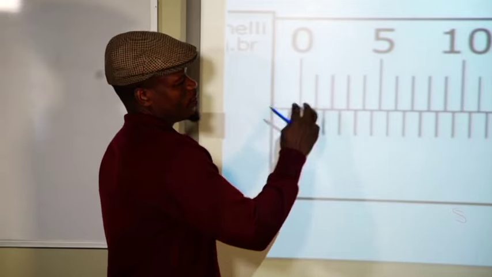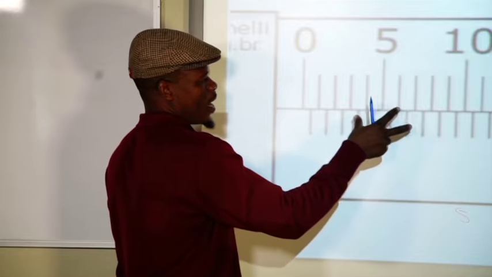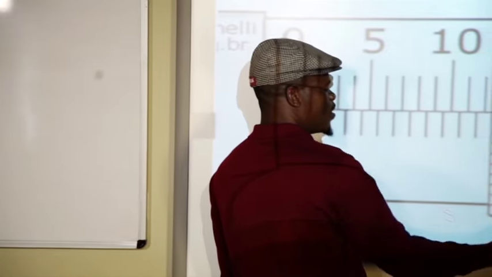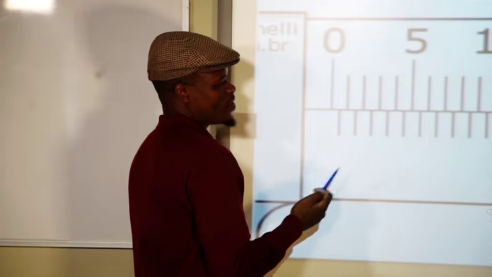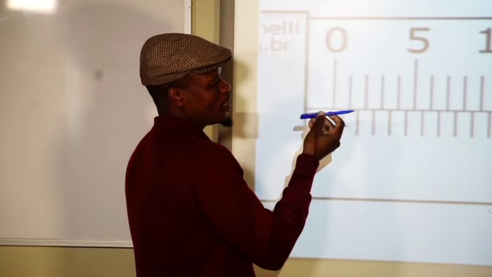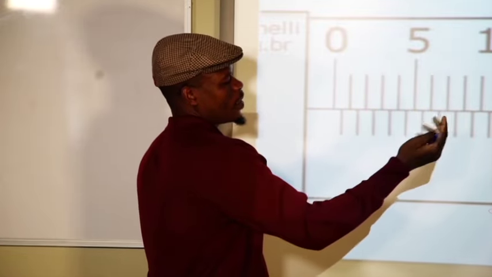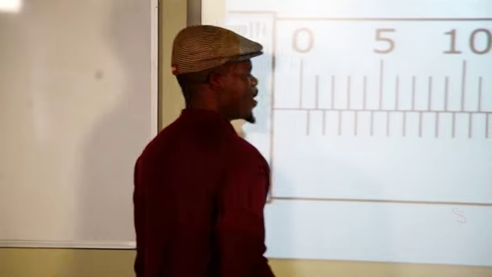If you read on this, the whole of this information on this side is going to be your main scale, and then you have got your micrometer scale on this side. When you read, you read exactly the same as you did on your vernier scale. You start by reading the number on your main scale, then you read the correspondence on your micrometer scale.